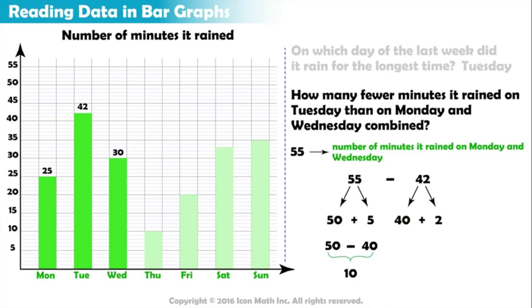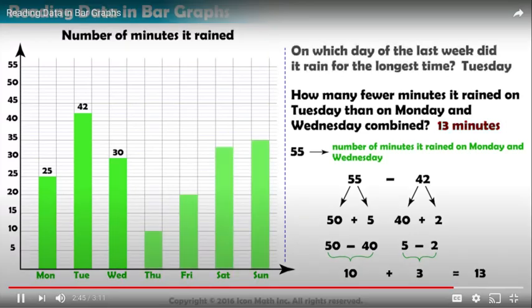That equals 10. Then we subtract 2 from 5. That equals 3. Then we combine our results. 10 plus 3 equals 13. Now we can say that it rained for 13 fewer minutes on Tuesday than on Monday and Wednesday combined.